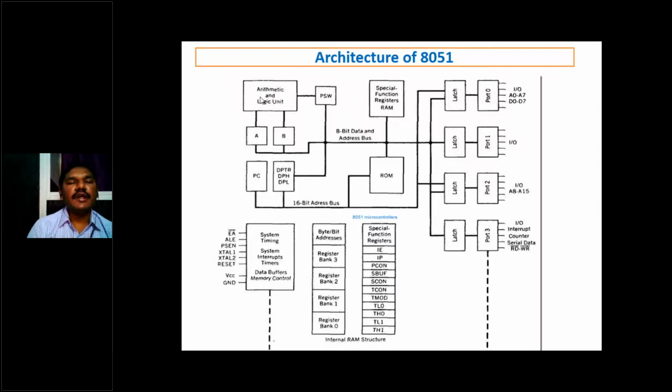Here this ALU takes instructions. That's why we are taking an 8-bit data and address bus. Through this bus, the arithmetic and logical unit will receive some programming, and it will be operated with registers. We need registers, the accumulator register and some other registers. So this part is called the CPU block.